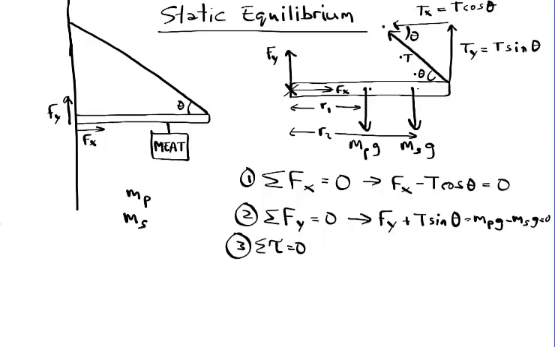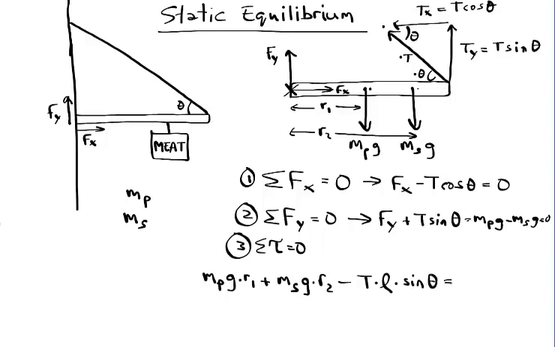So the torque being created by the mass of the pole is going to be MpG times R1. The torque being created by the weight of the sign is MsG times R2. The counterclockwise torque, which is created by the tension, is going to be T times the length of the pole, because it's out at the end, times the sine of that angle.